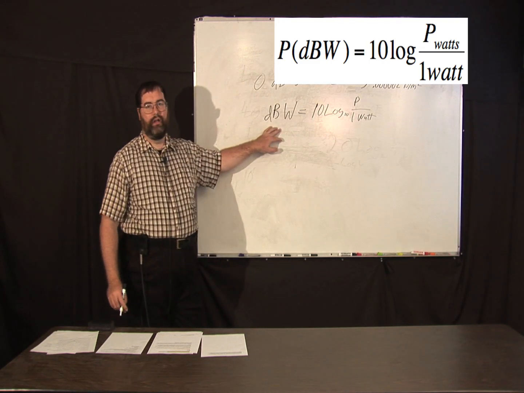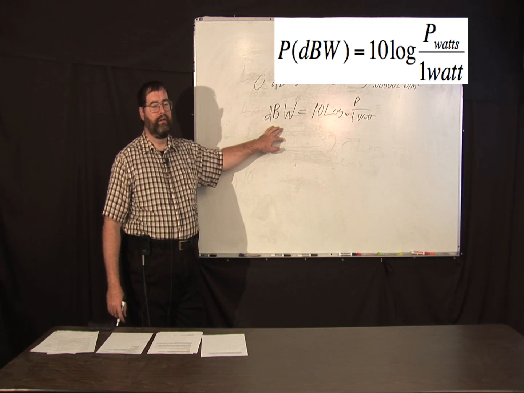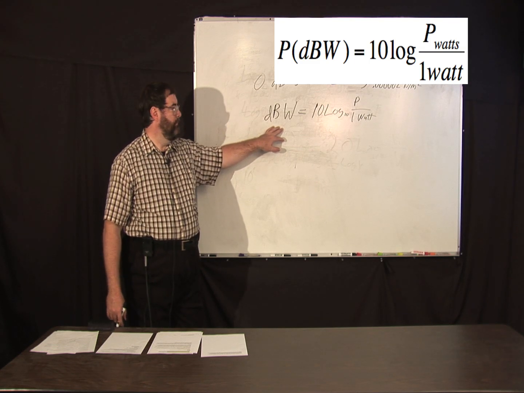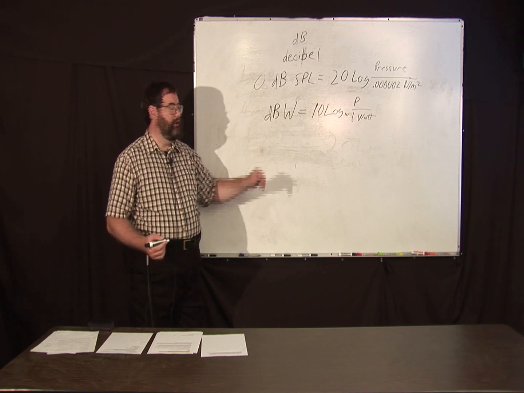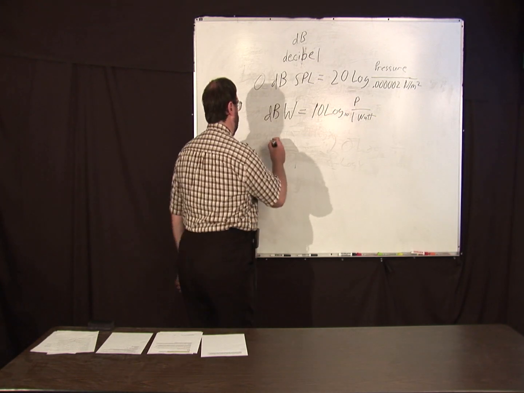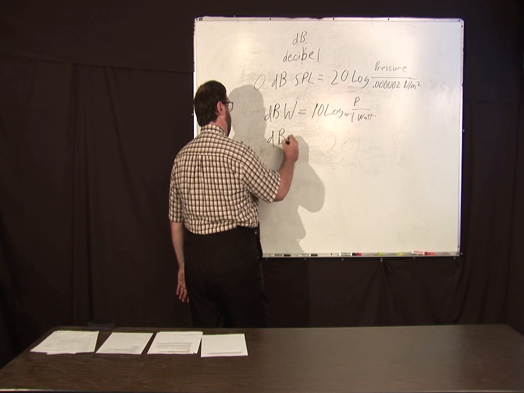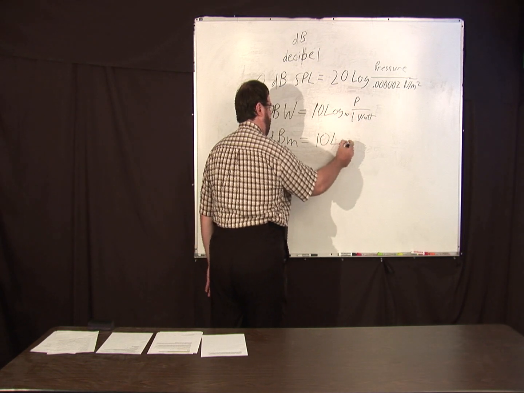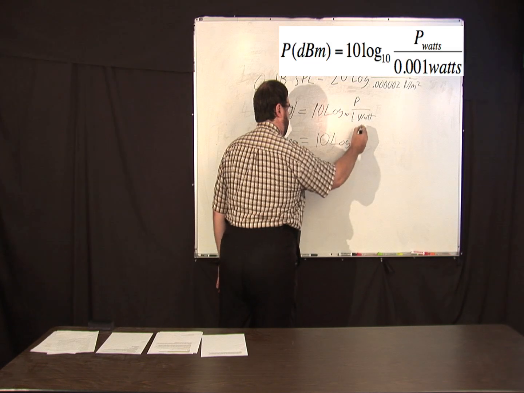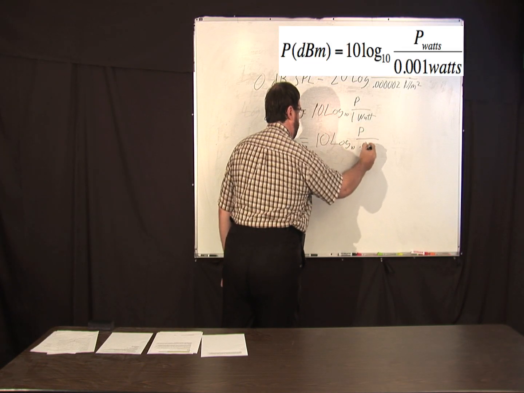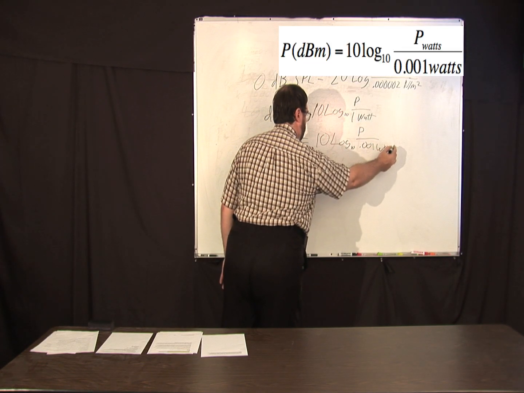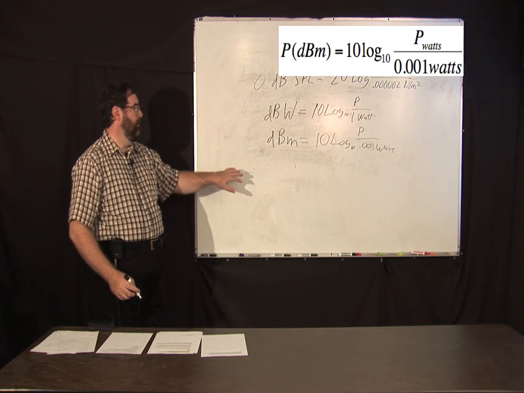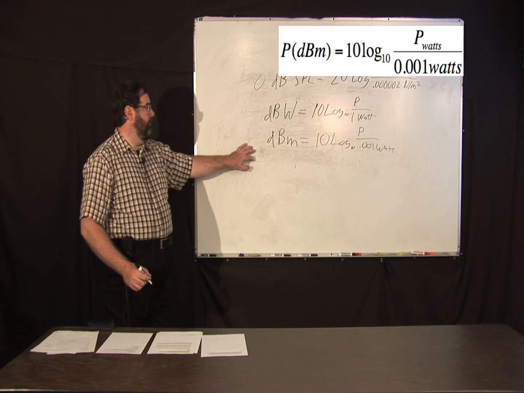A dBW is the number of dBs above 1 watt or below, if it's negative. There's also something called dBm. Well, that's dB relative to a milliwatt. And that's power divided by 0.001 watt. Okay, power in watts.